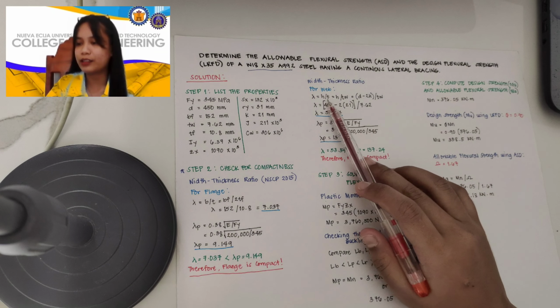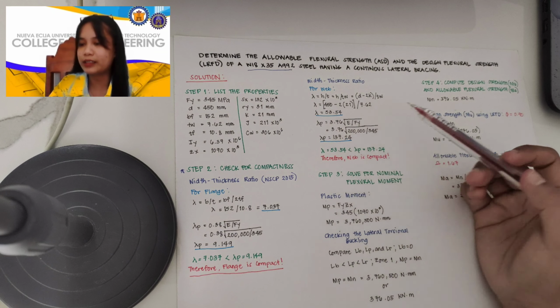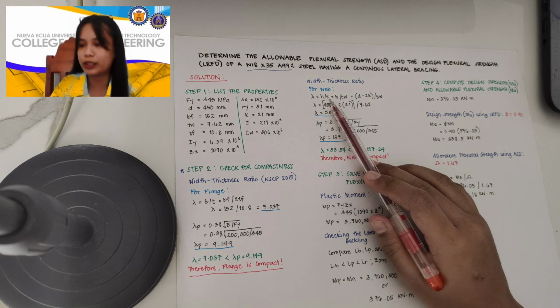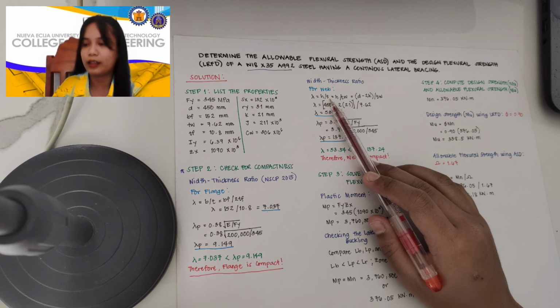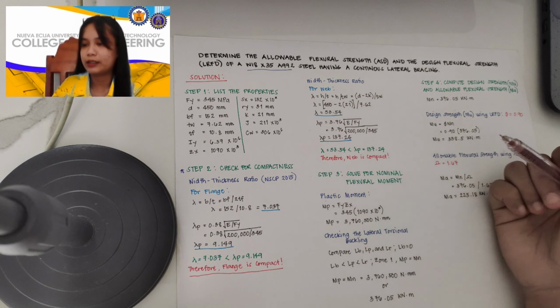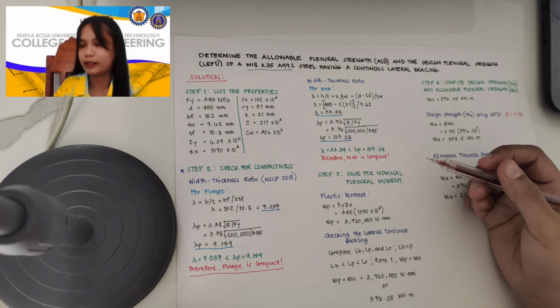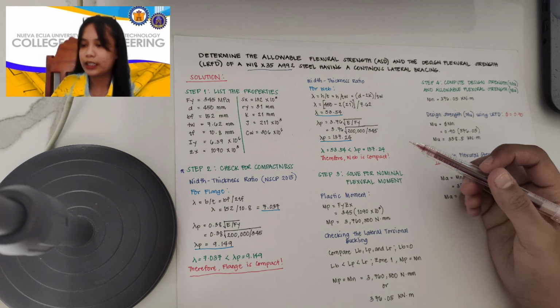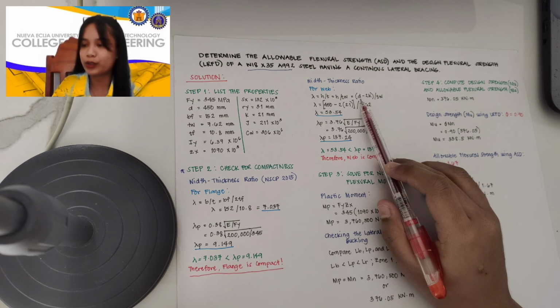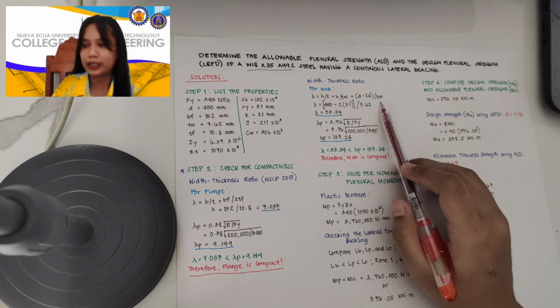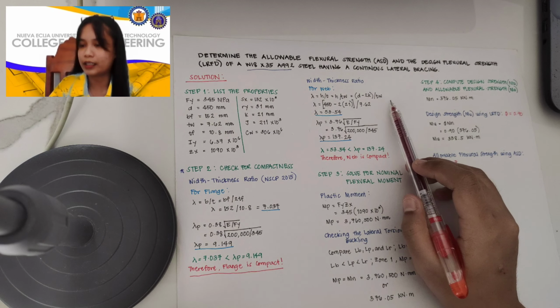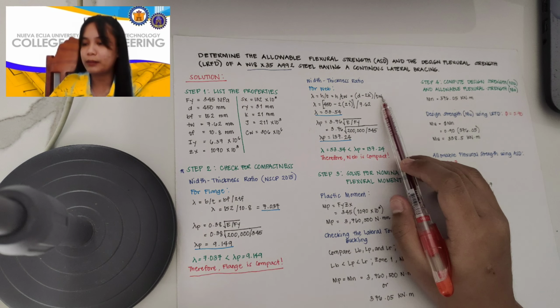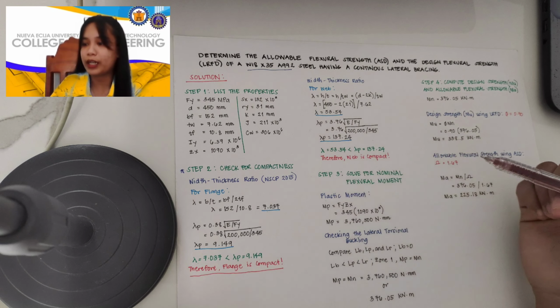The width thickness ratio of the web, lambda is equal to h over t. Dito naman natin makikita yung height or yung depth sa ating web element. So h over tw is equal to d, or yung depth natin, minus 2k all over the tw, or yung thickness ng ating web. Saan ba natin nakuha itong formula na to?